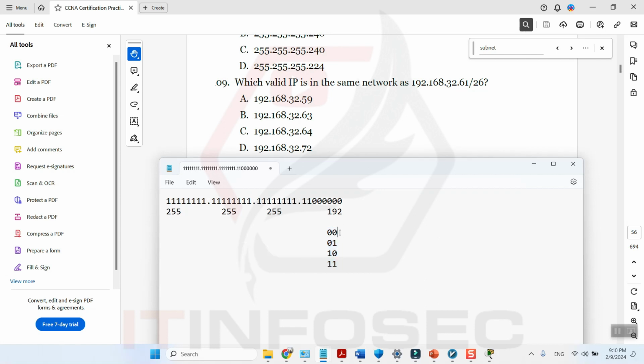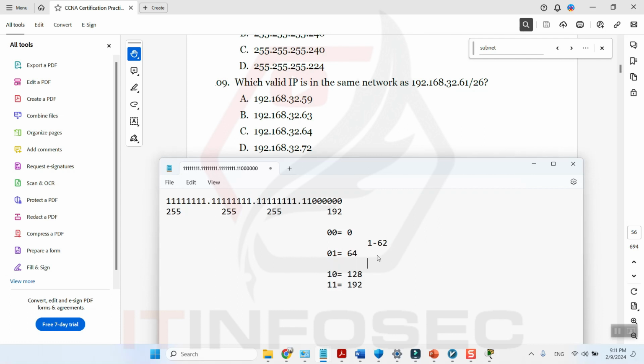00 equals 0 in decimal mode, then 64, then 128, like our example in the slides we discussed, and 192. Okay, the IP addresses between 0 until the next subnet, 64. One before that is the broadcast address, and one before that is valid, 62.